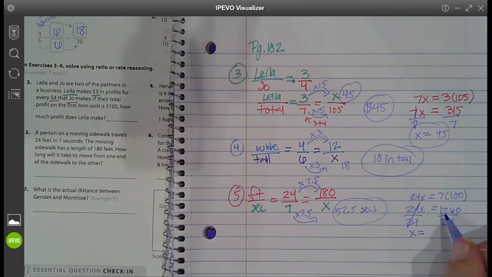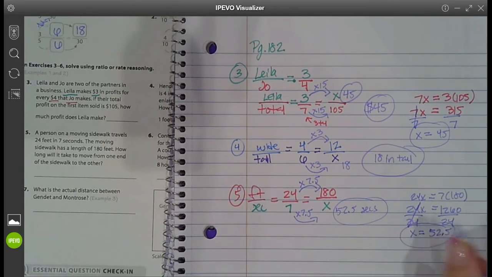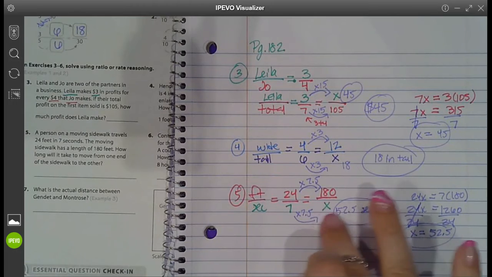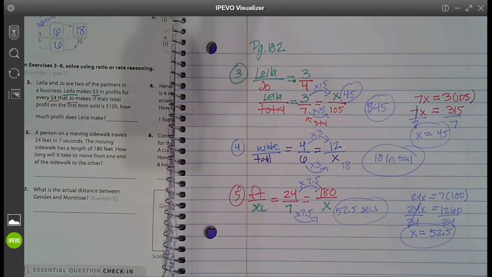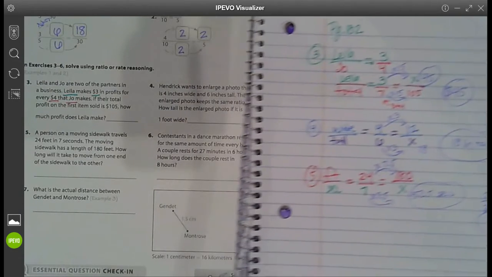And then on this side, 1260 divided by 24 is 52.5. And x was solving for seconds. Always double check that where your unknown is, that unit is what they were asking you to solve for. And it says, how long will it take? Seconds makes sense for my answer.